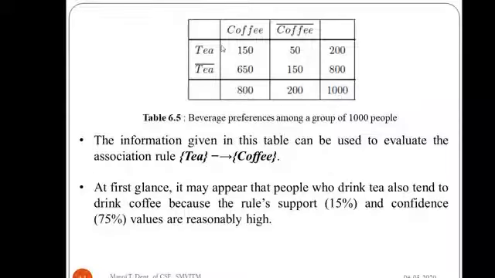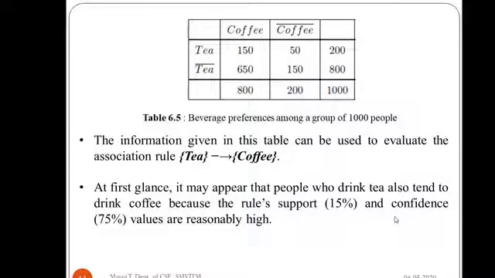If you see over here, the people who drink coffee regardless of tea is only 650 people out of 1000, which means 65%. But we are claiming that the confidence of people who drink tea also drink coffee is 75%, which is greater than the fraction of people who drink coffee regardless of tea.